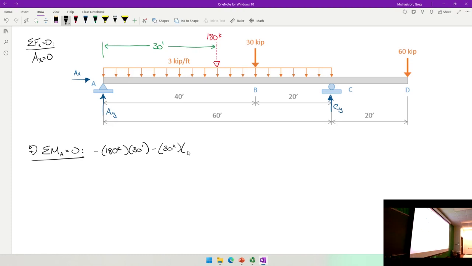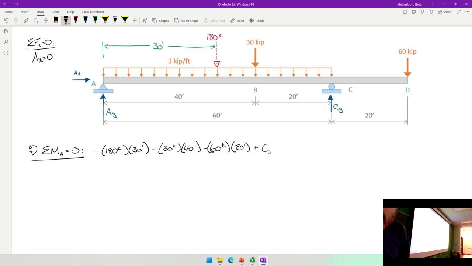What's the moment arm for that 30 kips? There we go. Let's go ahead and handle that 60 kips. Now, what's that moment arm going to be from A? 80, there we go.